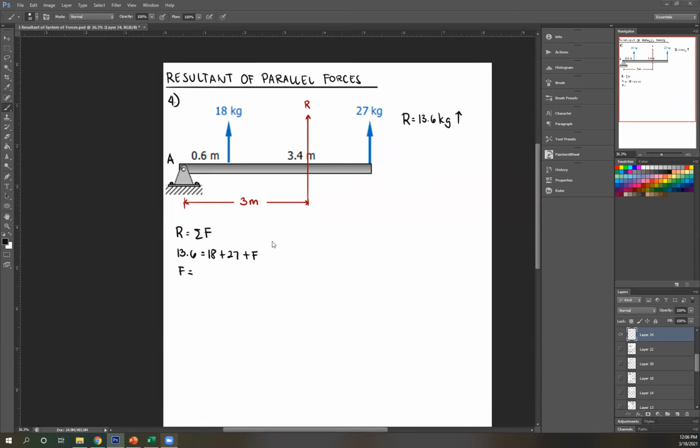Negative 31.4, correct, Angela and Jermaine. So the Guzman and Borde.